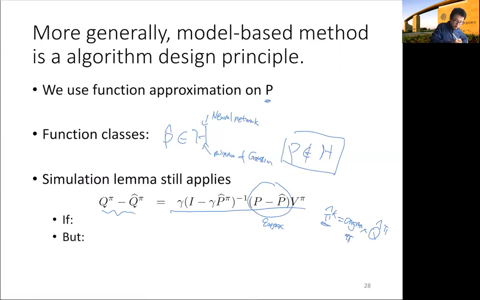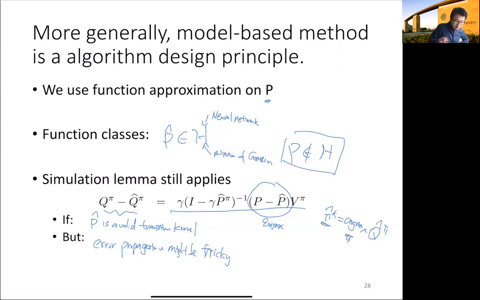Okay, so this is if P hat is a valid transition kernel, but error propagation might be tricky, because you're not directly trying to approximate this Q function.